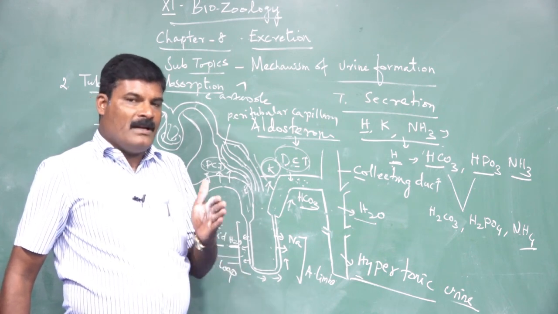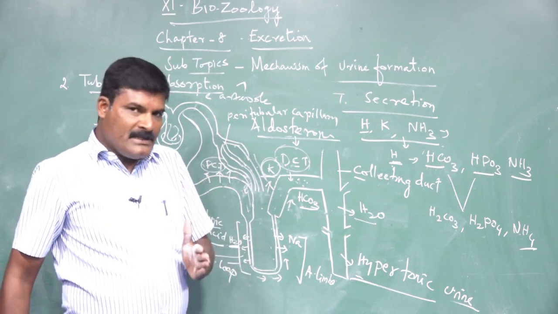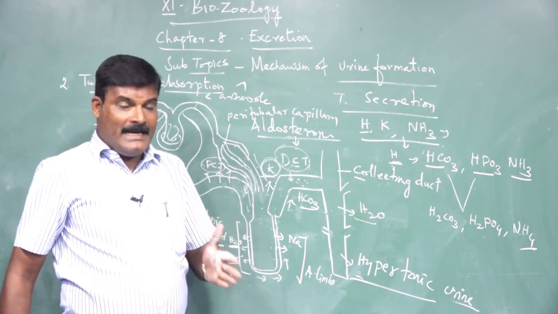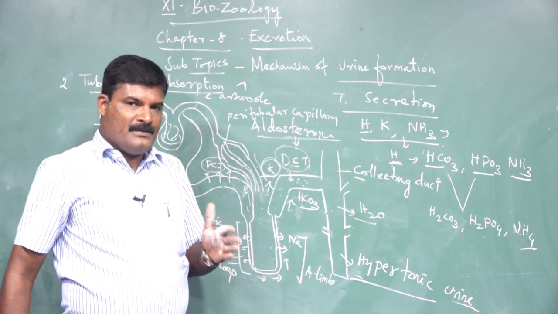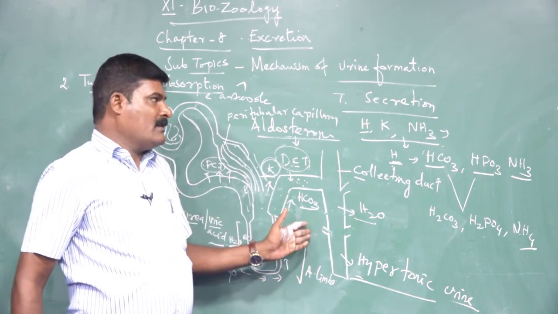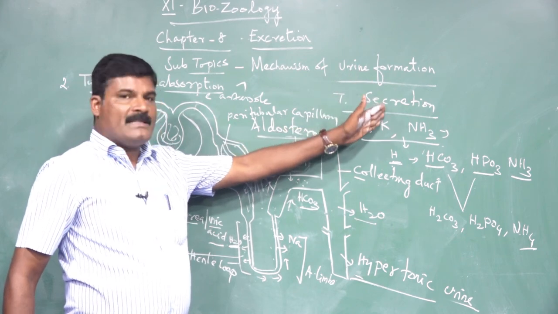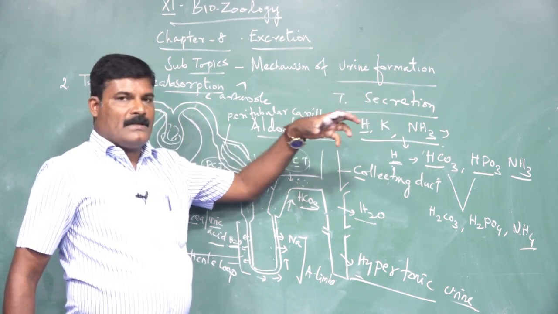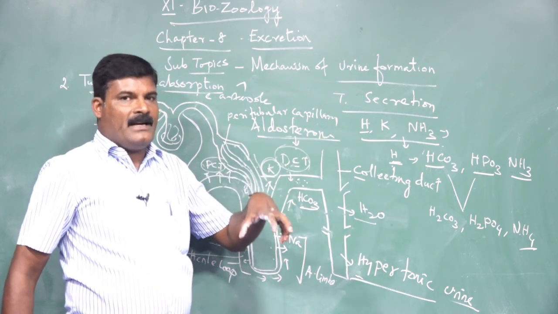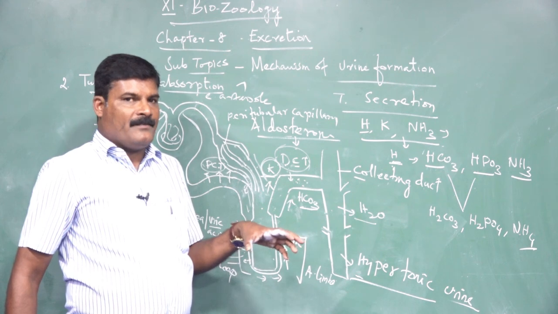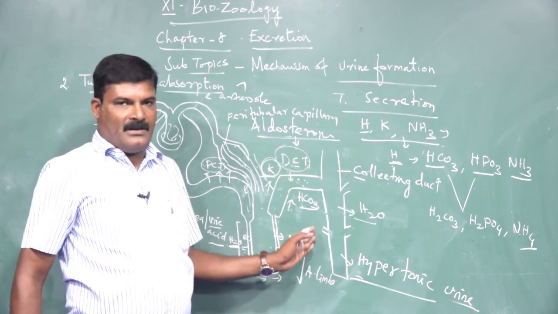This stops the reabsorption of hydrogen from the filtrates. Hydrogen is secreted but not reabsorbed, while sodium, sodium chloride and other things are reabsorbed. So this is called tubular secretion. Why is it called tubular secretion? Certain substances are secreted in the tubules, in the PCT, DCT, these parts of the nephrons.